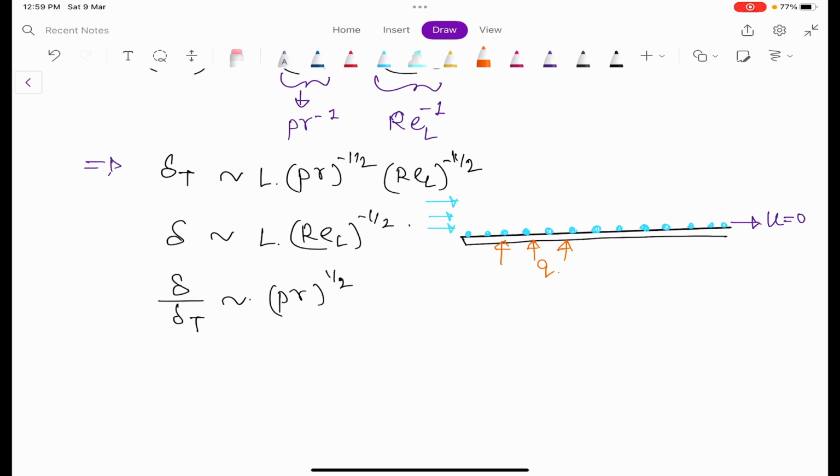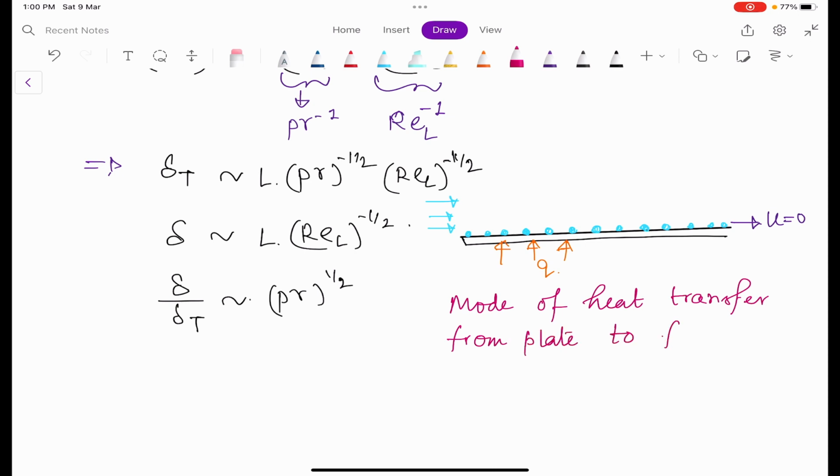So this concept is very important: the mode of heat transfer from the plate to the adjacent fluid molecules is purely conduction.